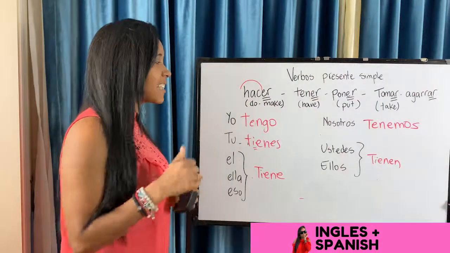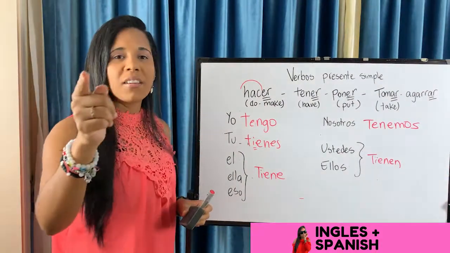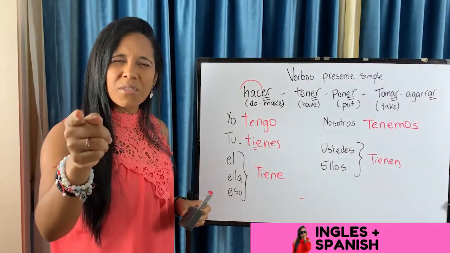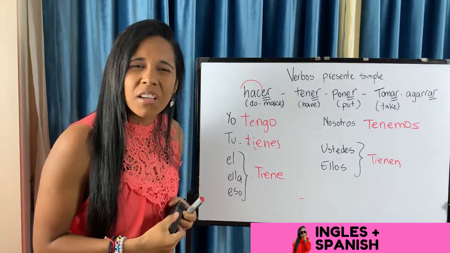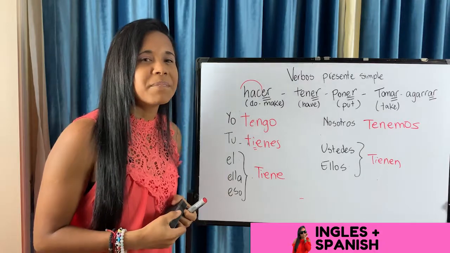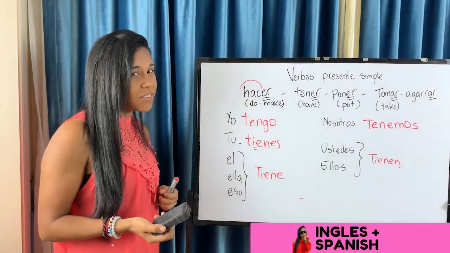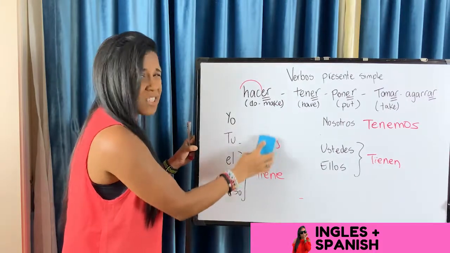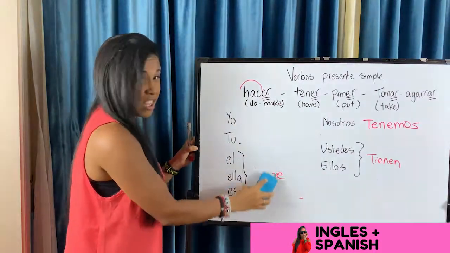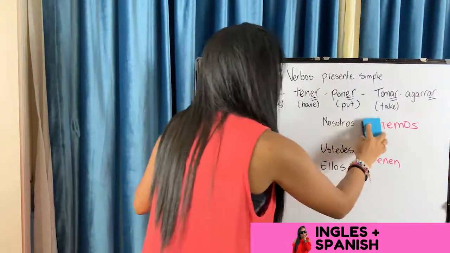So we have hacer, we have tener. Let's practice the question form. How do you say, do they have a dog? ¿Ellos tienen un perro? Very good. Okay, so, do I have a dog? ¿Yo tengo un perro?